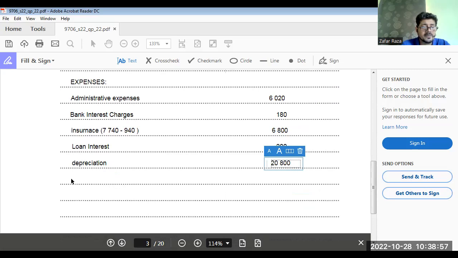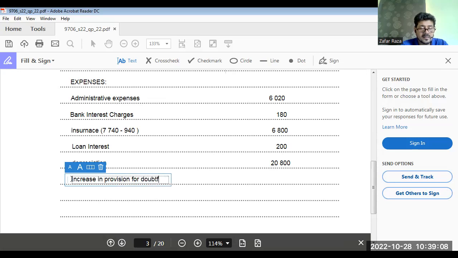And after depreciation, we have increase in provision for doubtful debt. That is how much? 50. We take it as total expenses.